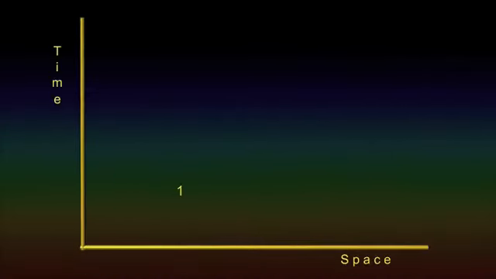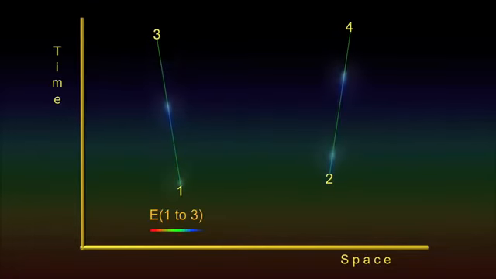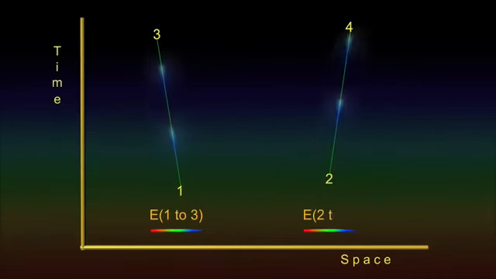Now let's calculate the probability that 2 electrons at 2 points, 1 and 2, end up at points 3 and 4. This event could happen in 2 ways. The electron at point 1 could go to 3, given an amplitude of E 1 to 3. And the electron at 2 goes to 4, giving E 2 to 4.